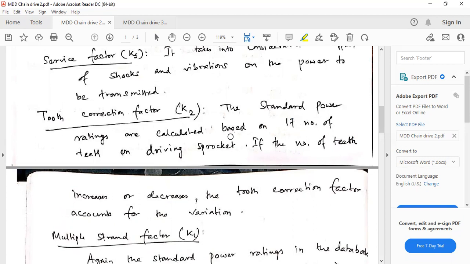Based on 17 teeth, the power ratings are taken. If we have more or less than 17 teeth in the driving sprocket, I'm talking about the driving one now, then we have a correction factor, and that is called the tooth correction factor.